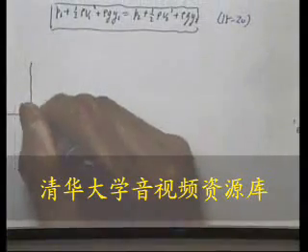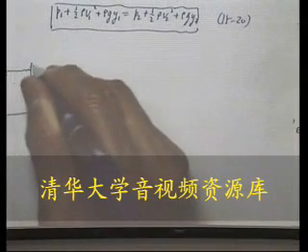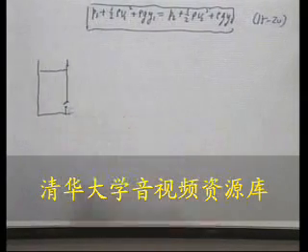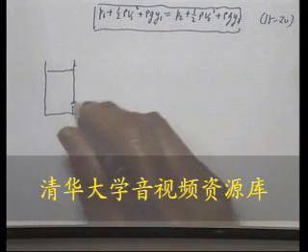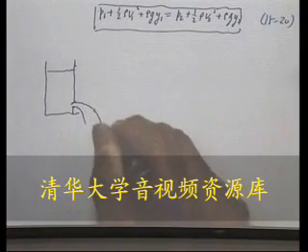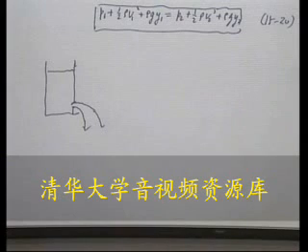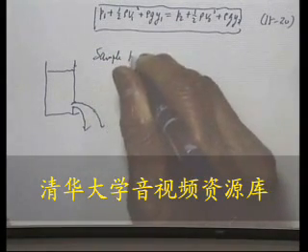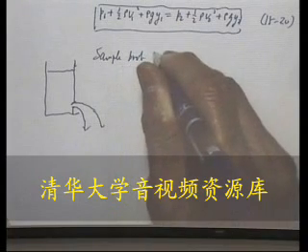For example, if you have a tank of water and you have a little hole near the bottom, then everybody would know that the water would flow out. This is a sample problem, 15-9.